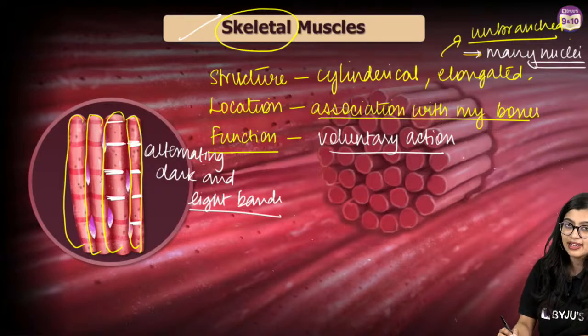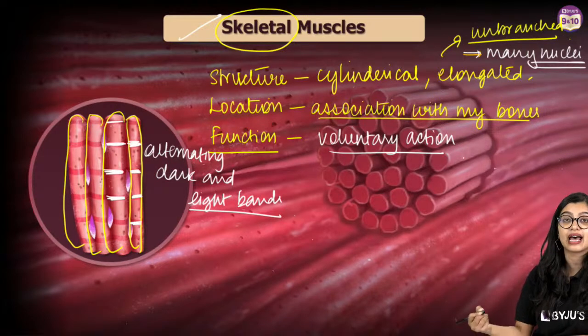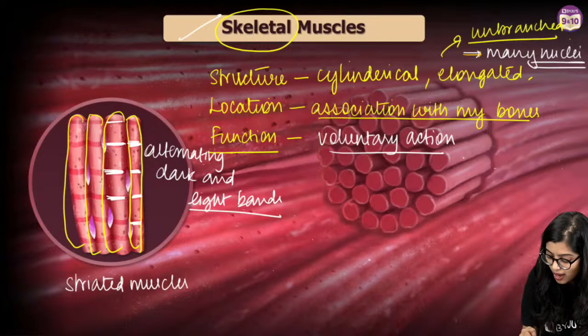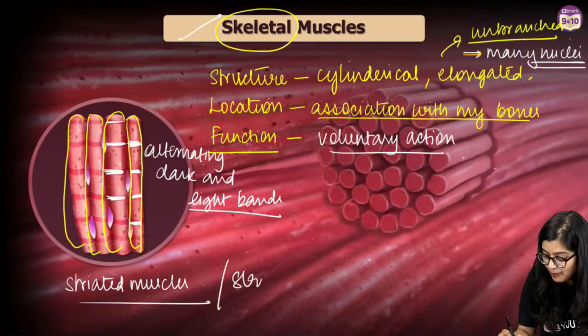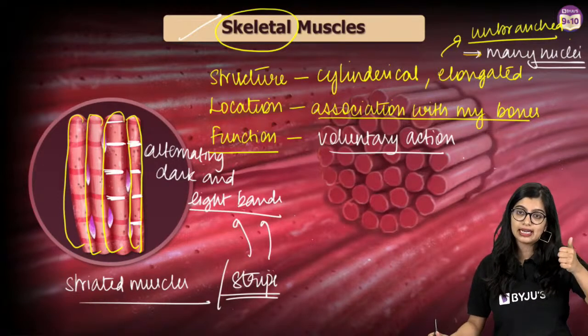This is again due to the arrangement of certain proteins within them. So there are alternating dark and light bands, which is why we also call them striated muscles. Why? Because there is a stripe-like pattern present because of the alternating dark and light bands. Are we all clear?